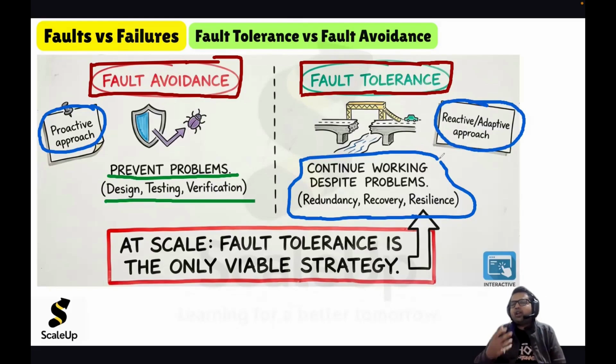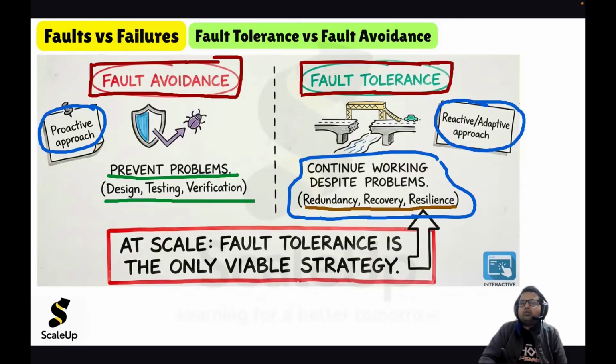And we are able to tolerate faults because of redundancy. So if we have redundancy in place, recoverability and resilience, all these will lead towards fault tolerance, wherein if a fault does occur, we will be able to handle it because of redundancy, recoverability, and resilience.